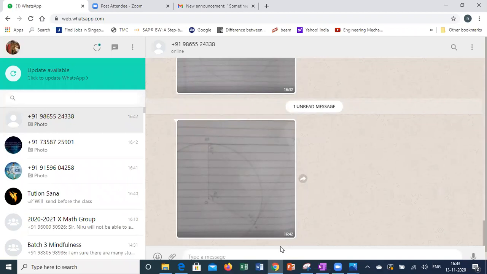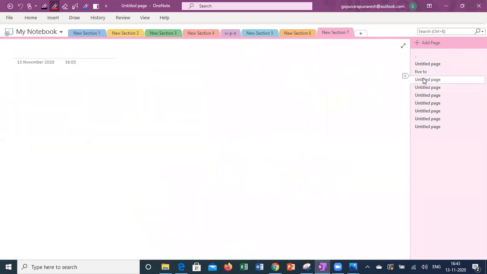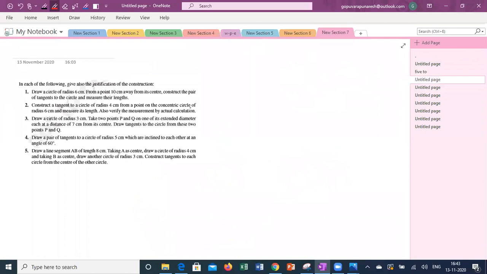Fifth question. Got it? How will you get the diagram?